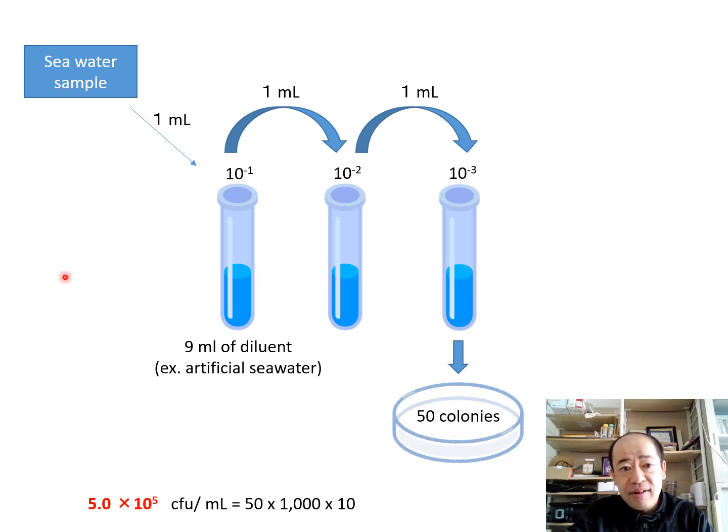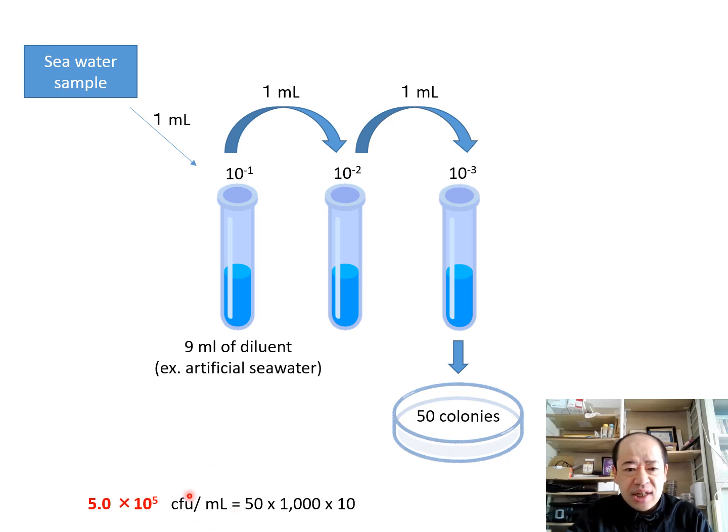Very simple, right? Just in case, let's confirm. Prepare the diluent and transfer samples in order as 10 times dilutions: 1, 2, 3. After inoculation on the agar medium, we get 50 colonies. We need the number of colonies, 50, and the level of dilution, 1000.